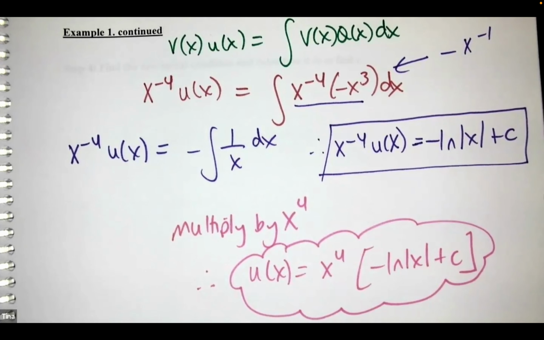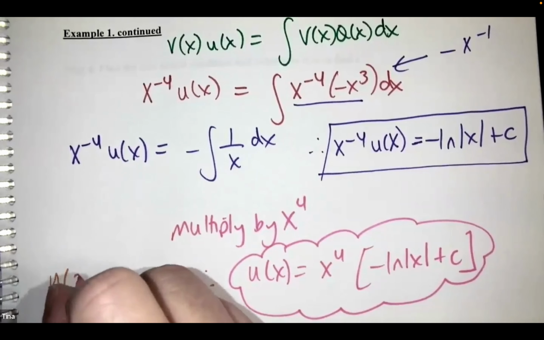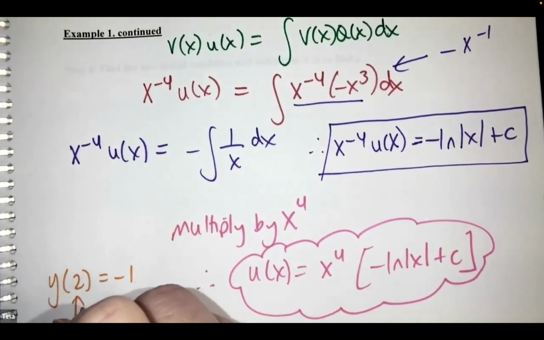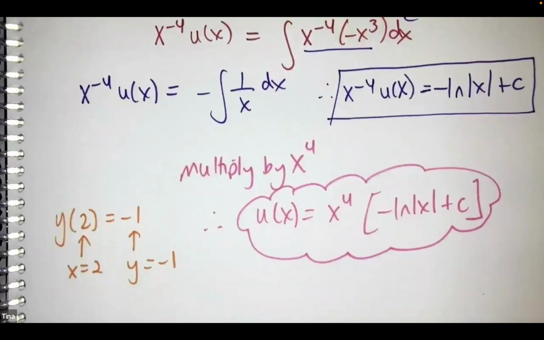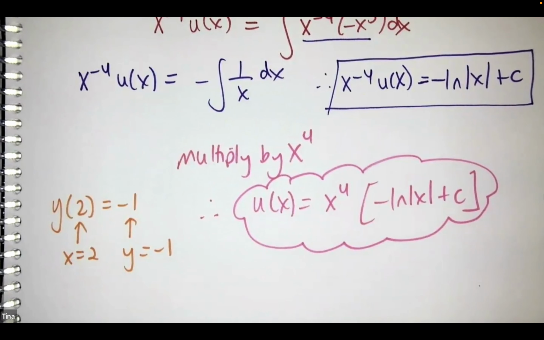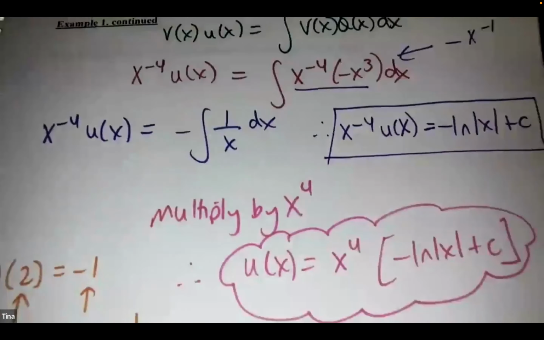So we need our initial condition, which was y of 2 equals negative 1. So that's x, and that's y. So what's our u going to be here? Well, u is y^-1.